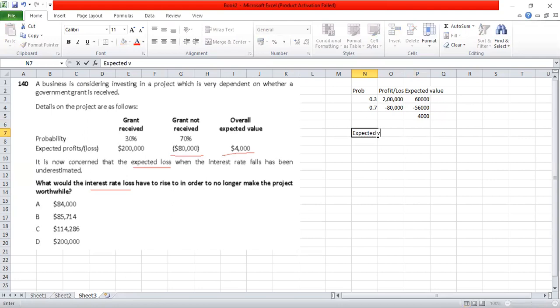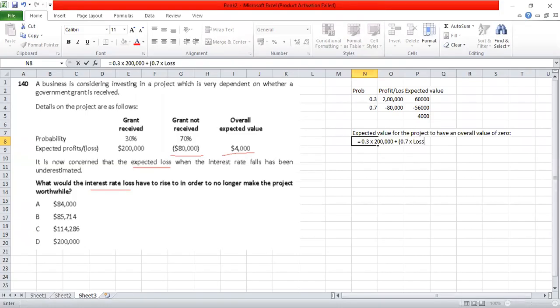Expected value for the project to have an overall expected value of 0 is equal to 0.3 into 200,000 plus 0.7, that is for the loss part of it, into loss.